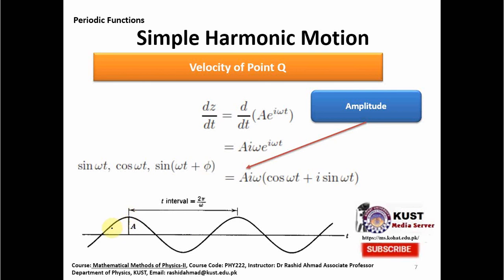Then we also have the time interval, or the period of the function, because after this much time interval we get back the same y value. That's why these are called periodic motions, because after some time interval the position of the particle is again the same.